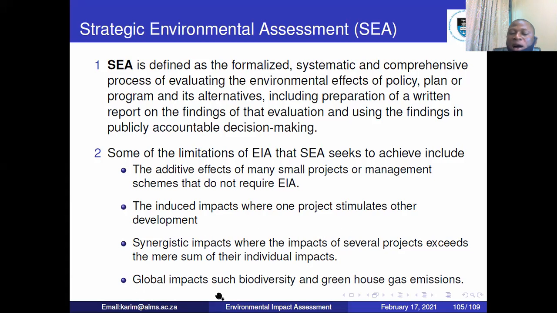And then we also have global warming, global impacts such as biodiversity loss and greenhouse gas emission. So these impacts are not considered under environmental impact assessment, but under strategic environmental assessment.